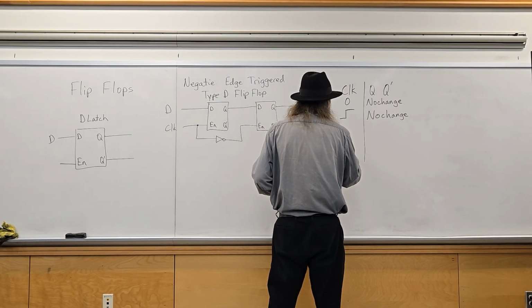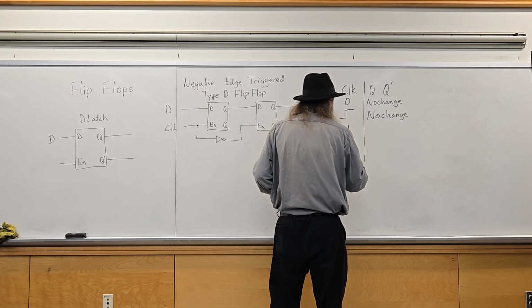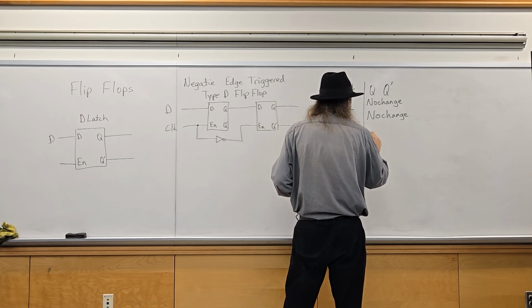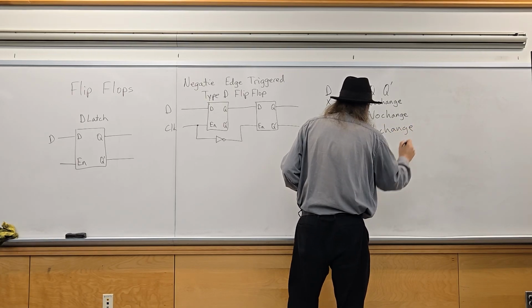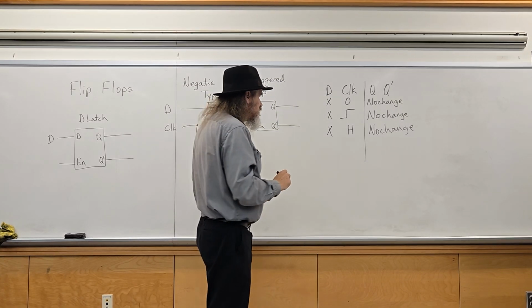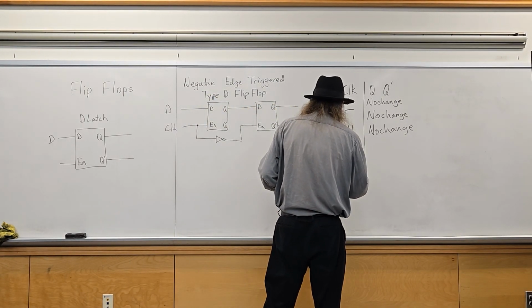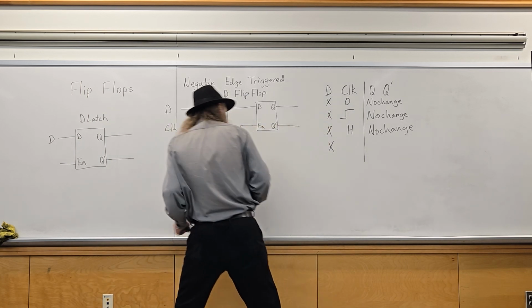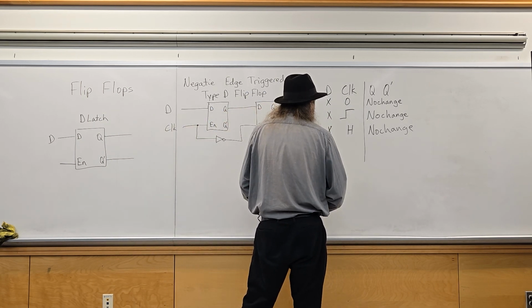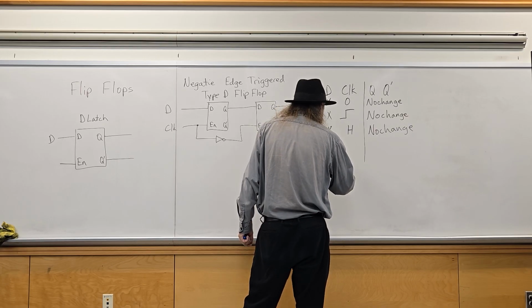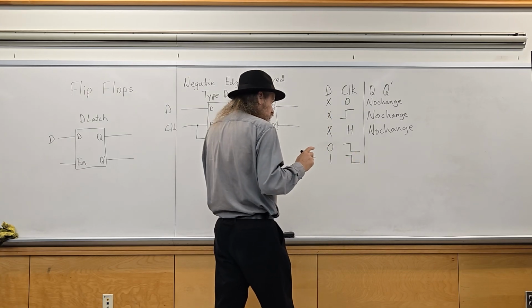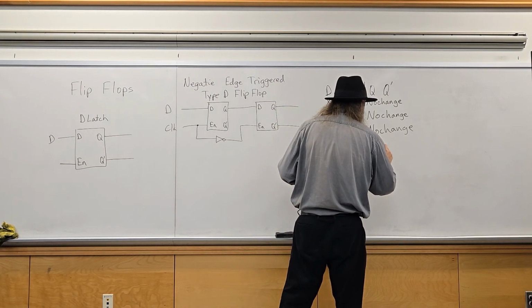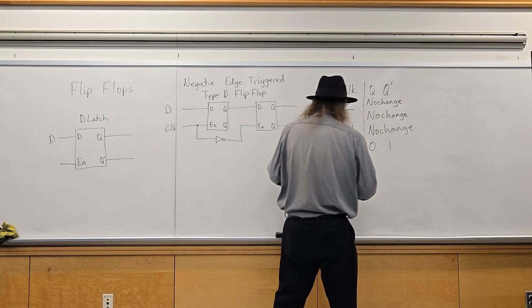When the clock is high, again, there's no change. When the transition to low occurs, that's when Q becomes 0 and Q prime 1.